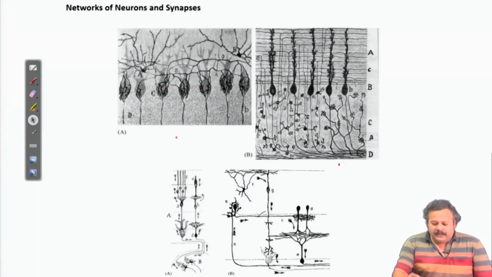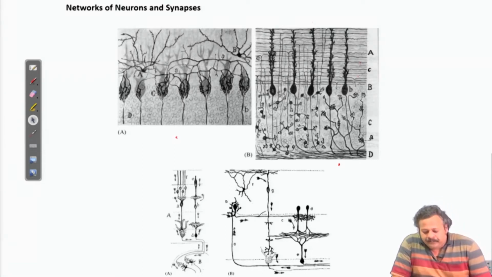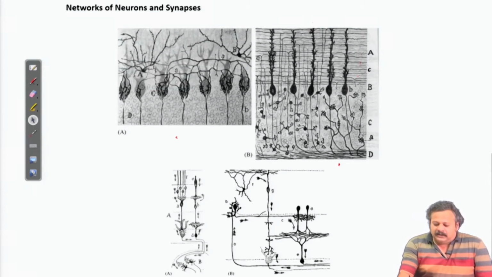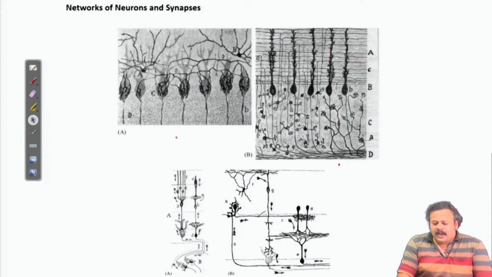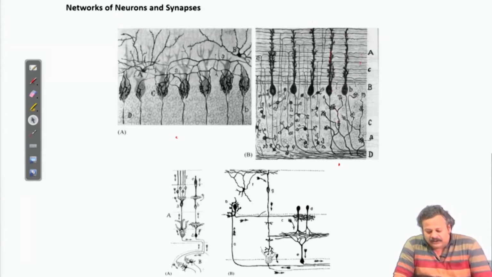As you can see, there are a number of fibers. This is, I believe, from the cerebellum, and there are a number of parallel fibers going in, which are making connections at different stages with the neurons here, whose dendrites are protruding up, and then their output is going through, where they are again making connections with dendrites of other neurons.